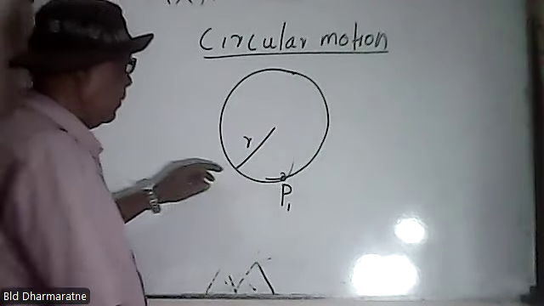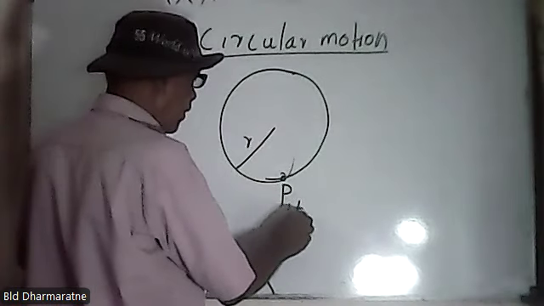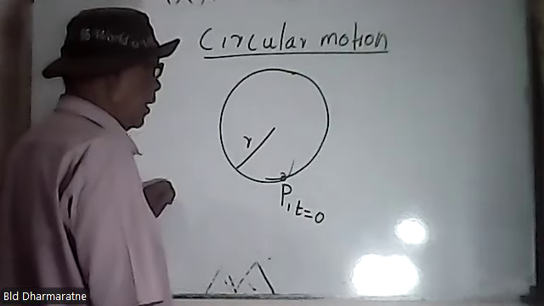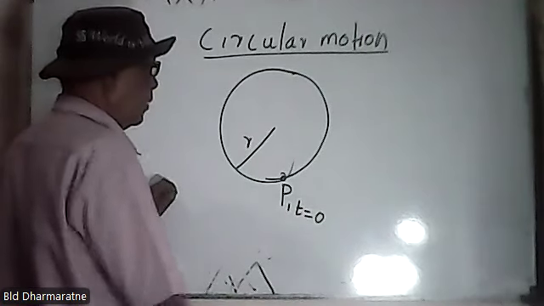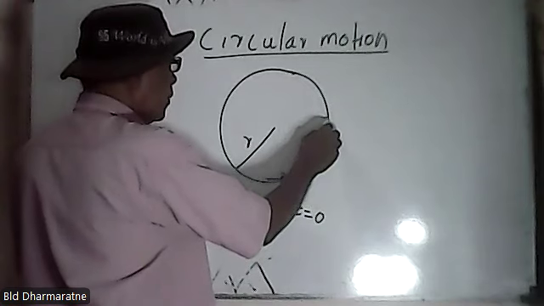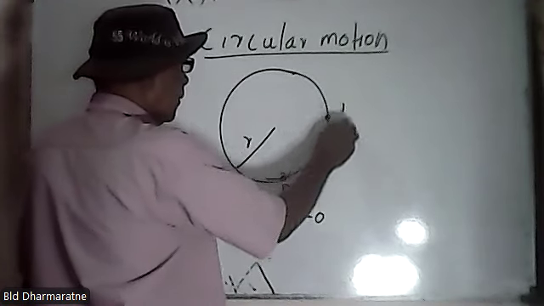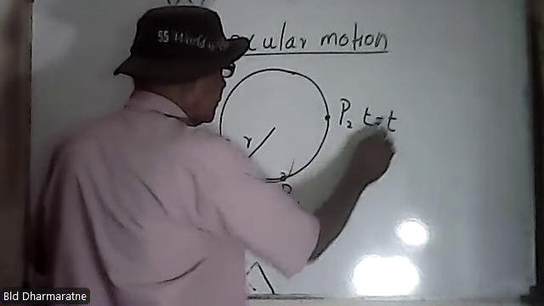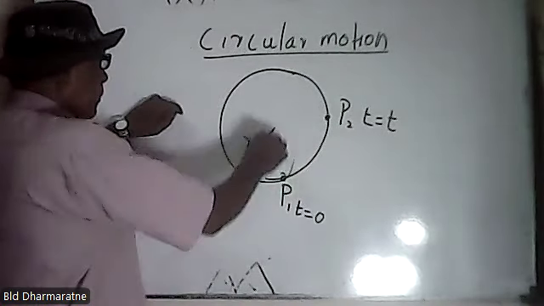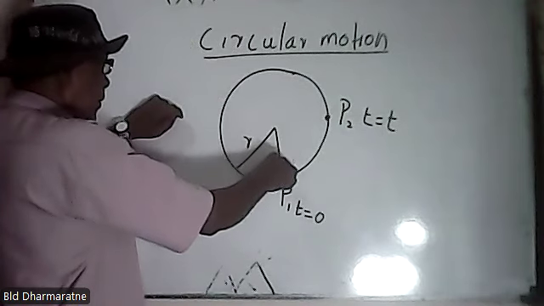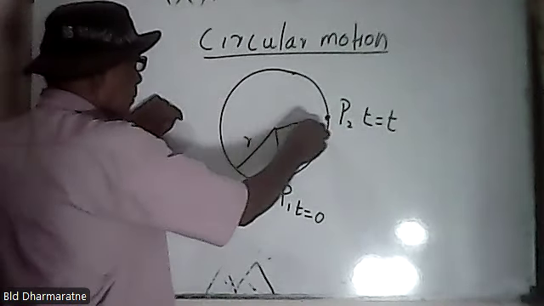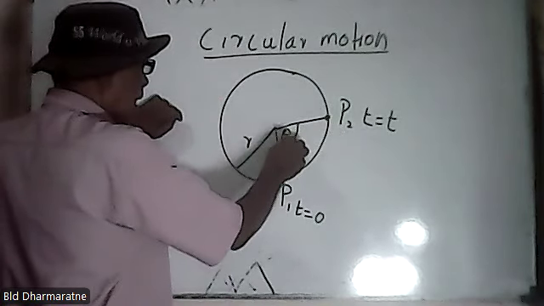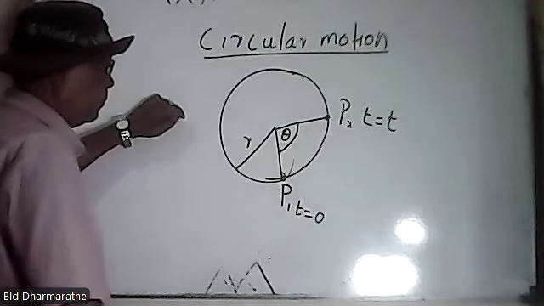After time t, it has moved to position P2, at t equals t. This angle, this one, we say theta, is the angular displacement.